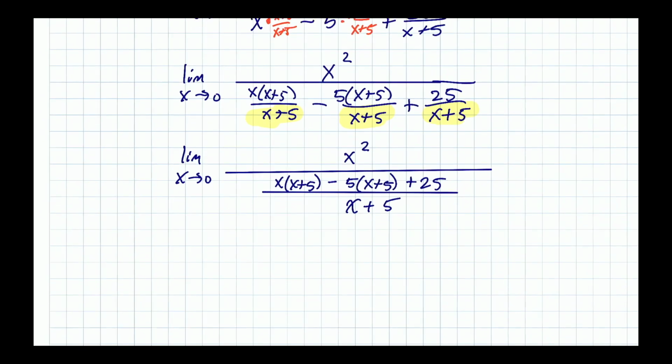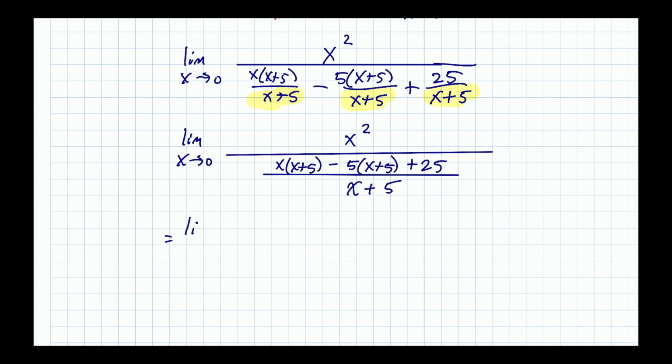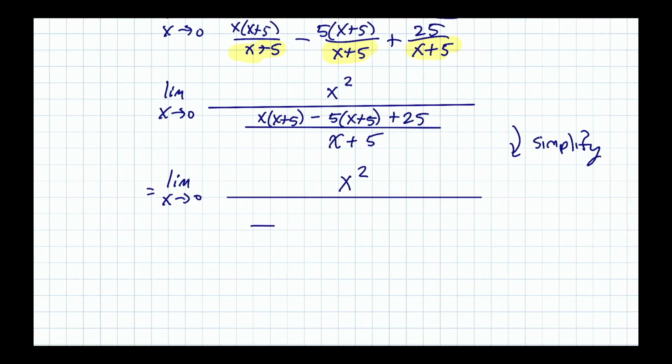We can do a little bit more simplifying here though. So let's do that before we move on. This is not really a step. I'm just going to simplify a little, just multiply this stuff out. So I've got x times x plus 5. What's that? x squared plus 5x. Then you've got this part.